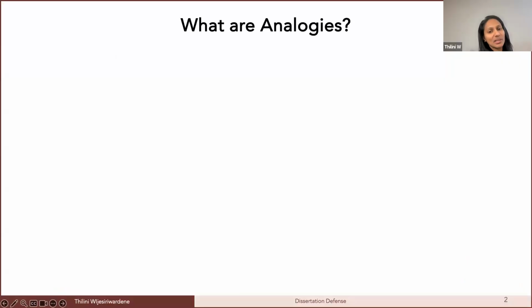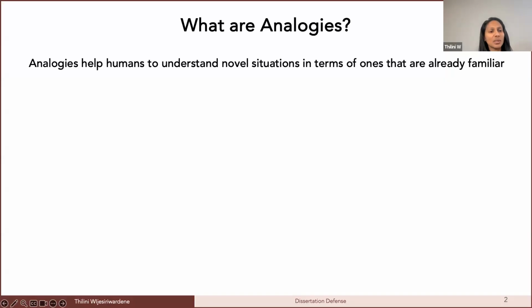What are analogies? So let's begin by understanding what analogies are. At a very high level, we use analogies to identify novel situations in terms of situations that we have known before. So we try to map things that we know from a certain domain to another domain that we don't know. That is basically analogy.